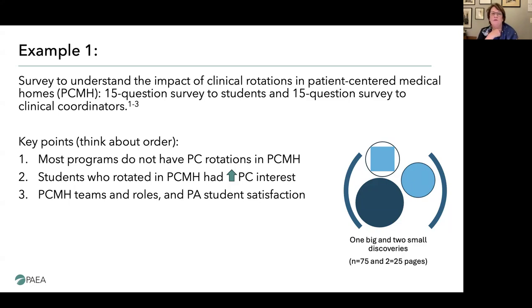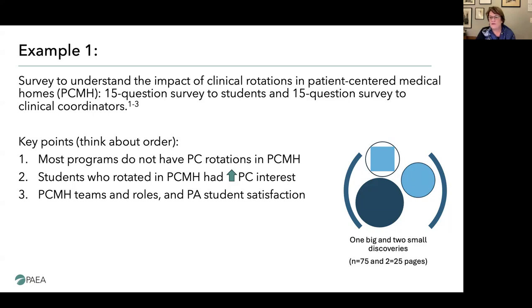Okay, so I will tell you that we were most excited about the idea that students who rotated in primary care, patient-centered medical homes had an increased interest in primary care practice. And we thought that was the most important thing that we learned from these two surveys. But if we started with that, it would be difficult to frame other articles.